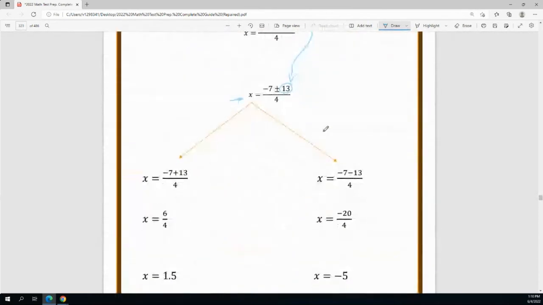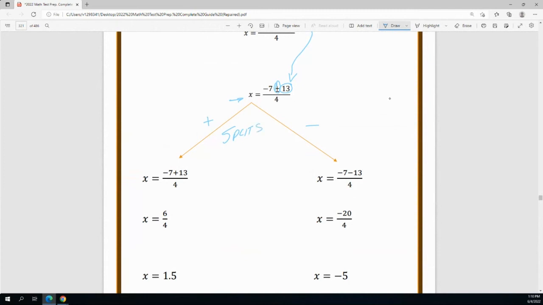Okay, cool. What happens here is kind of new for a lot of students. Because this says plus or minus in the numerator position, what it means is that you're going to have one situation where you're adding negative 7 plus 13. In another situation, you're going to have negative 7 where you're subtracting 13. That's why this thing splits.